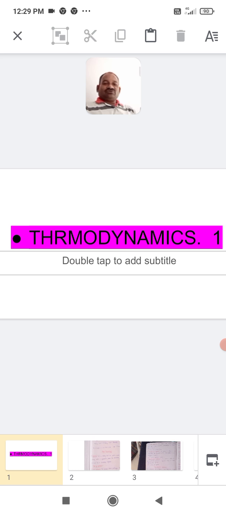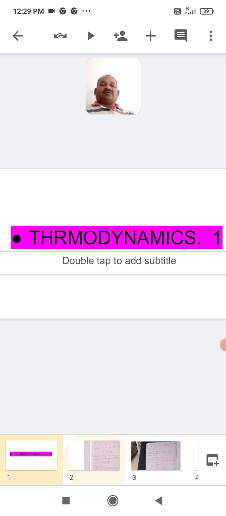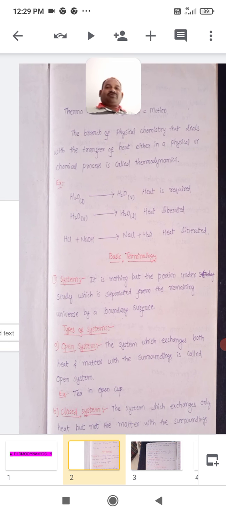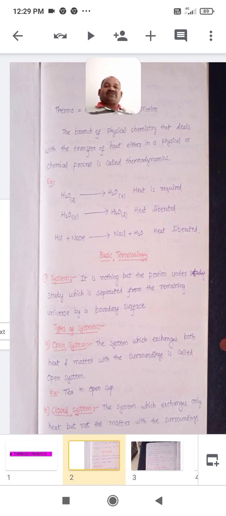Today we are going to discuss part 1 of thermodynamics. Thermo means heat, dynamic means motion. You have to observe the slide clearly.